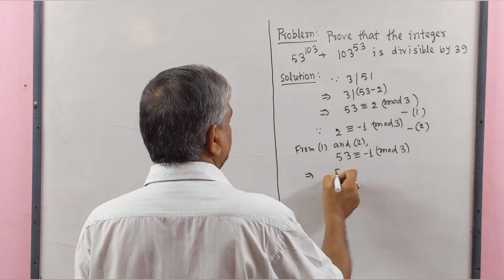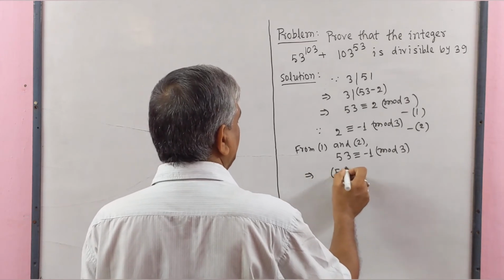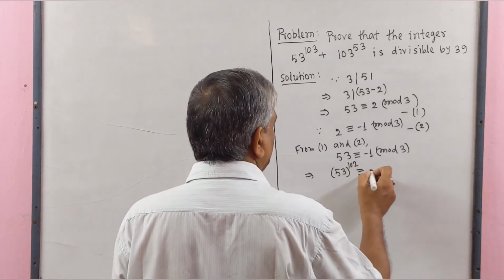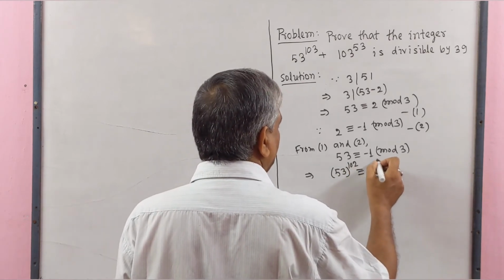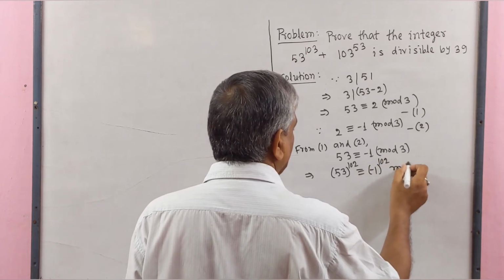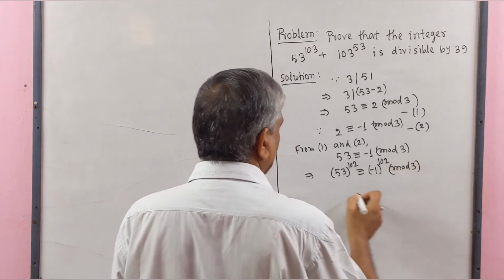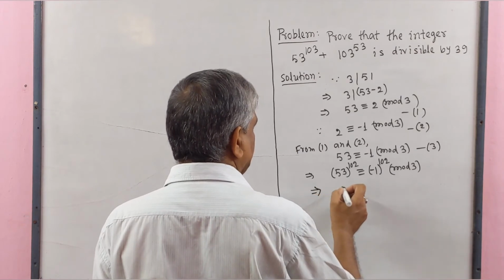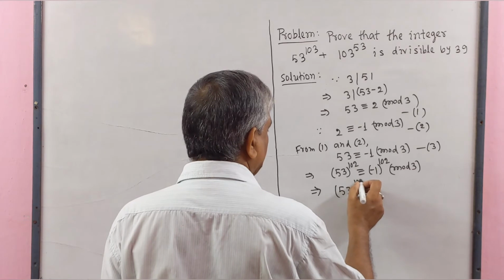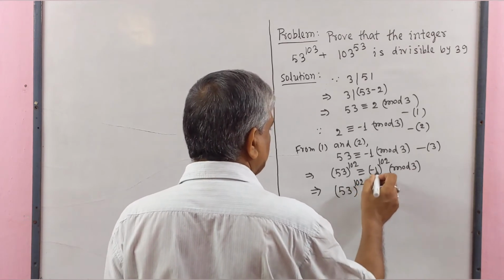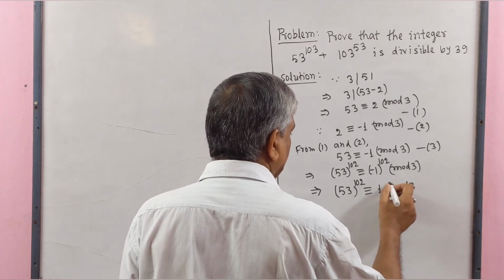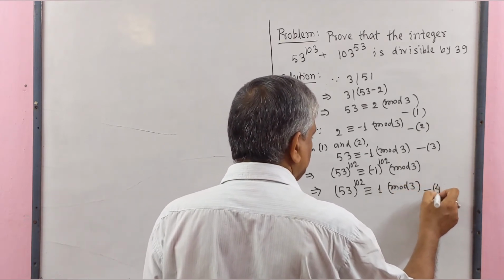Implies that 53 to the power 102 is congruent to minus 1 to the power 102 modulo 3. Implies that 53 to the power 102 is congruent to 1 modulo 3. This is number 4.